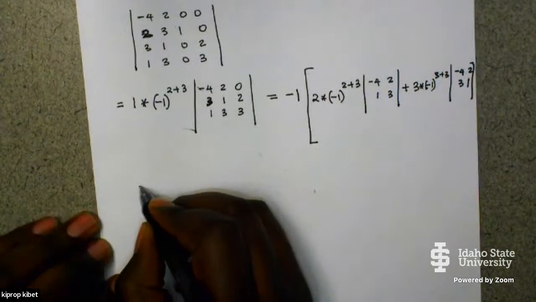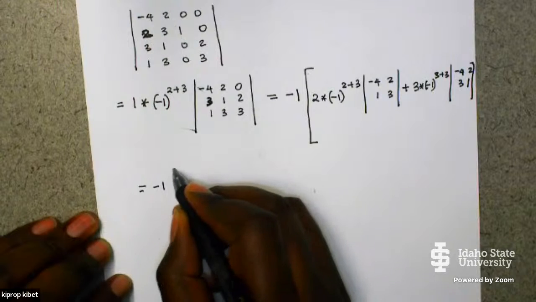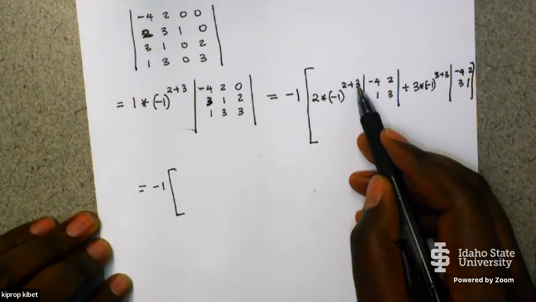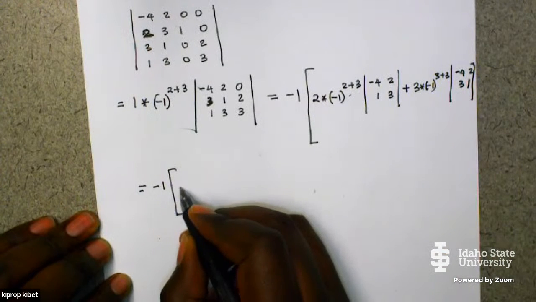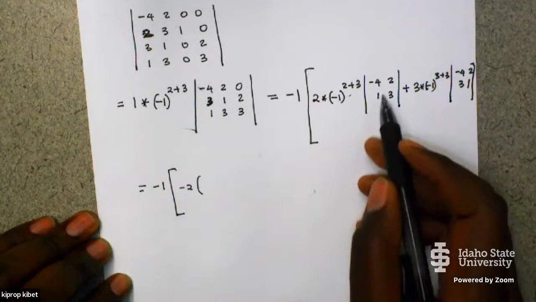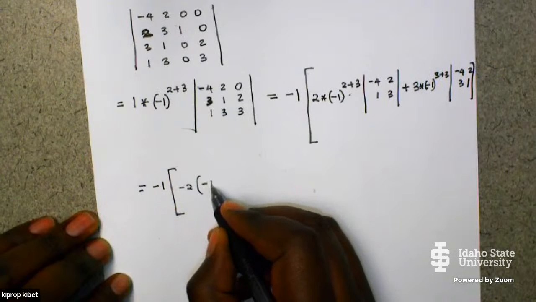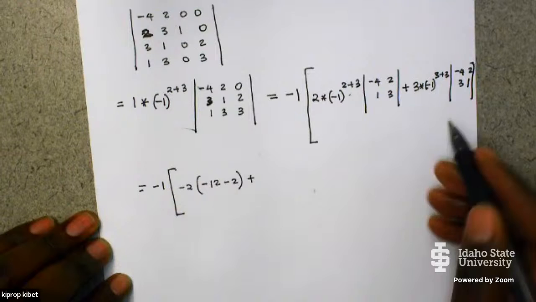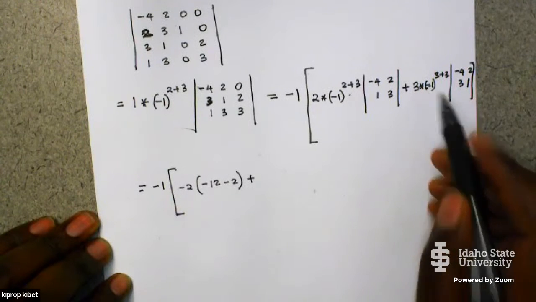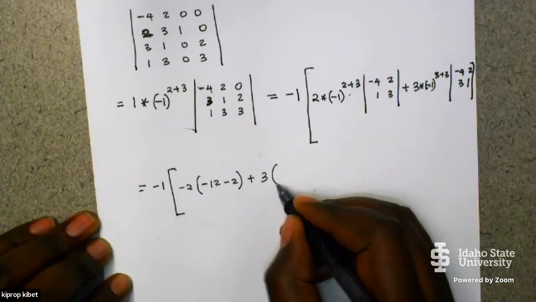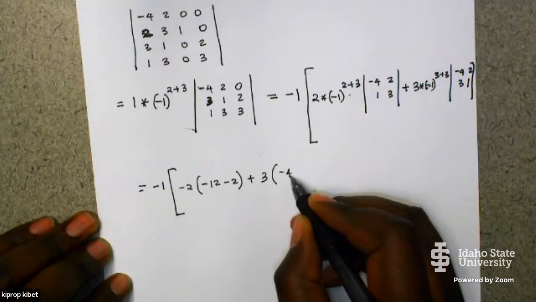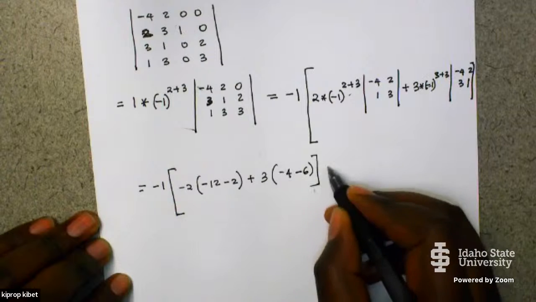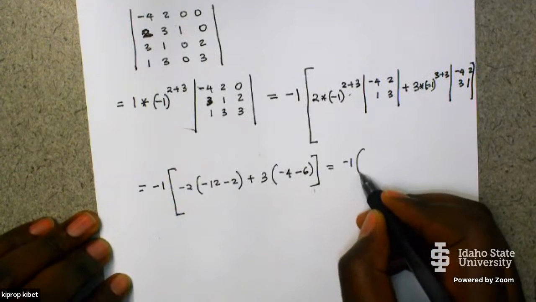So finally, we have -1 outside. So 2 plus 3 is 5. So we have -2 multiplied by, so we have -12 -2 plus, this is giving us 6. So that is +3. And then -4 -6. So finally, this is -1.